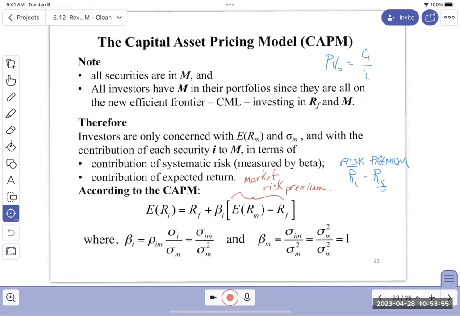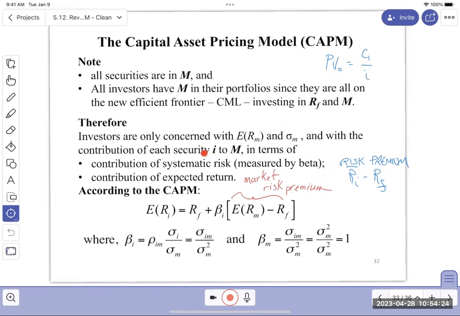So therefore, investors are only concerned with the expected return on the market portfolio and its risk, and with the contribution of each security i to the market portfolio in terms of the systematic risk as measured by beta. So there is a relationship between the asset and the market portfolio.